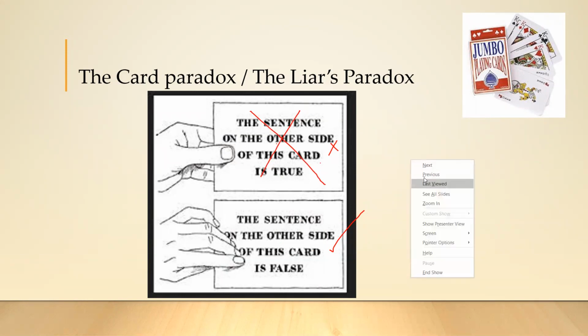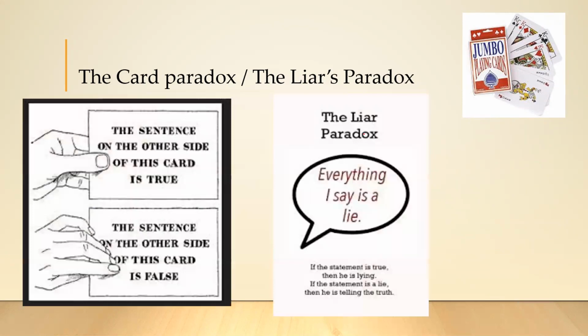Now let's see another interesting paradox. You call it the liar's paradox. There is a person coming up and then he's telling, "Everything I say is a lie." This man is telling, whatever I say is a lie, which means he's simply telling, "I am a liar." Which means whatever this particular person tells, it is not the truth. It is the lie. Now, if that liar is an actual liar, and what he says is true, then everything is a lie.